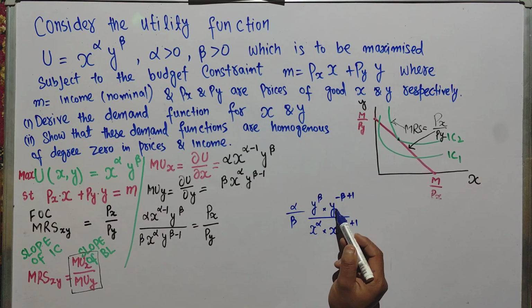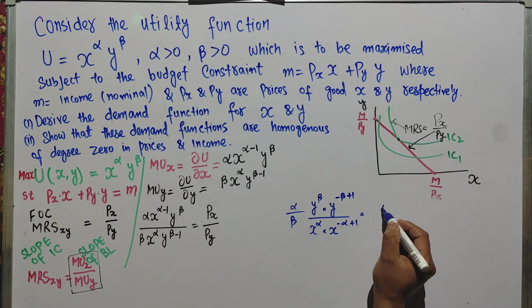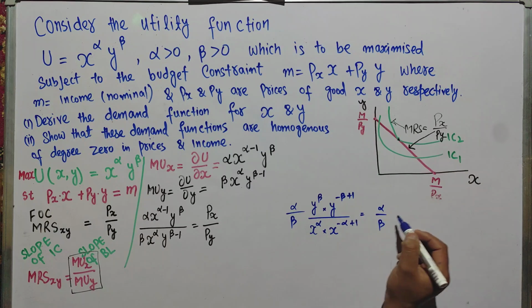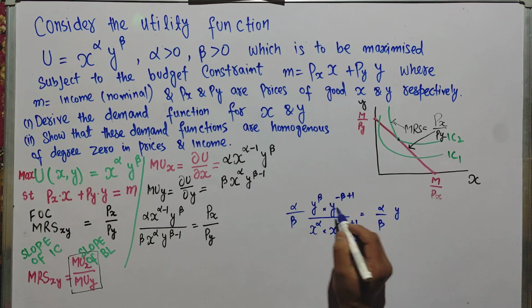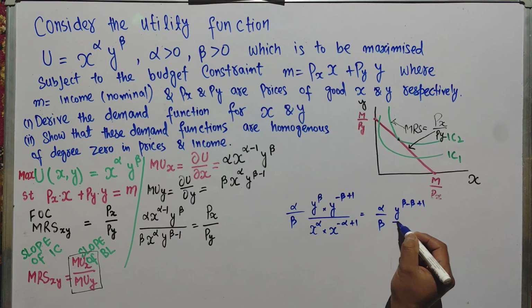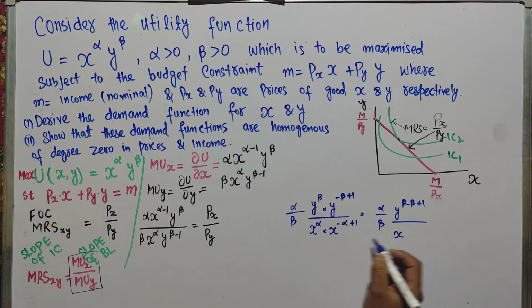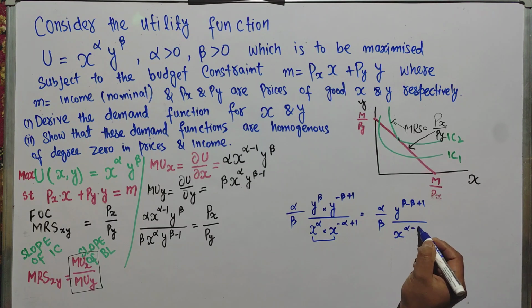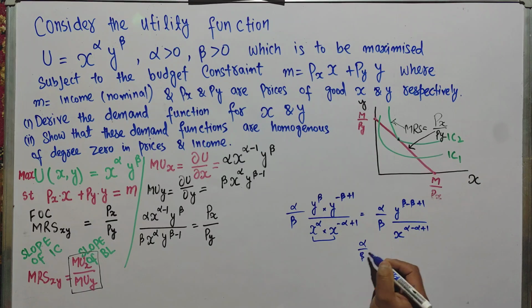Here bases are the same, we can add the exponents. We have alpha upon beta first, then y to the power beta minus beta plus 1, and here we have x exponents. Bases are the same, we can add up the exponents. We have alpha minus alpha plus 1. Beta minus beta is equal to 0, so we get y raised to the power 1 here, so we get alpha upon beta.